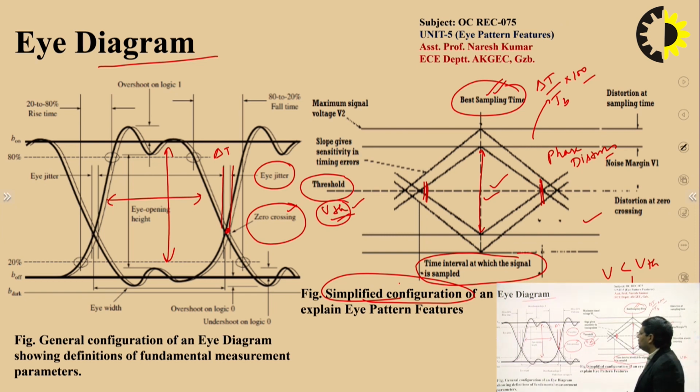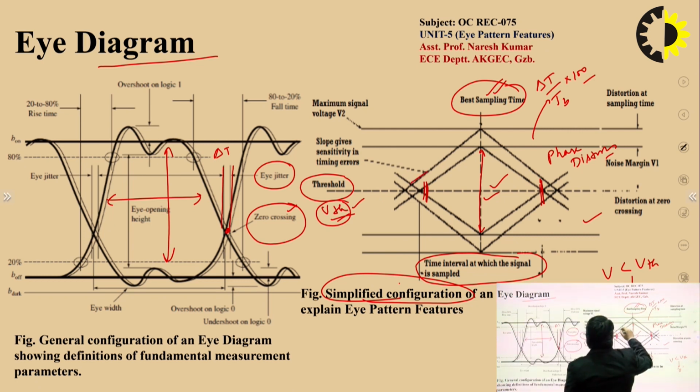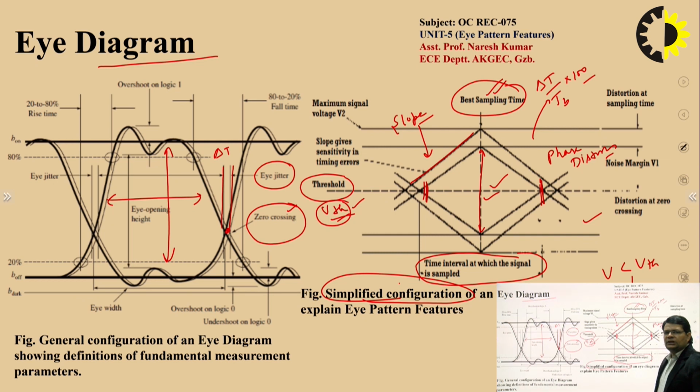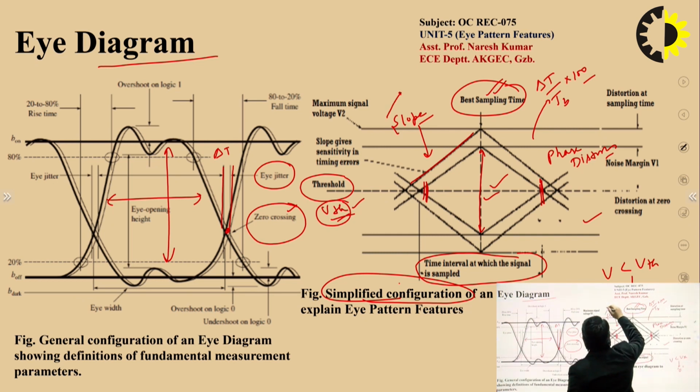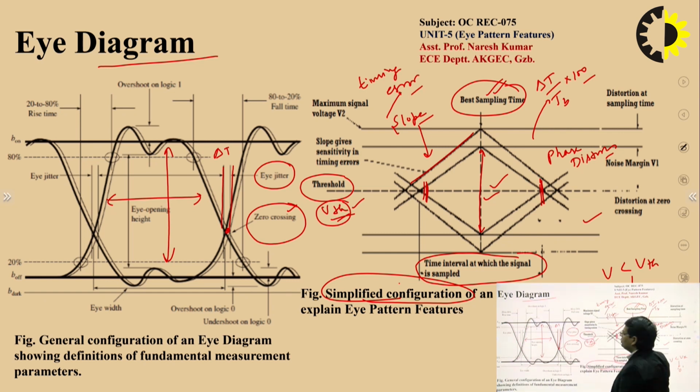Another important feature in the eye diagram is the slope of the eye diagram. Basically, slope of the eye diagram significantly tells us about the timing error, or synchronization related errors.